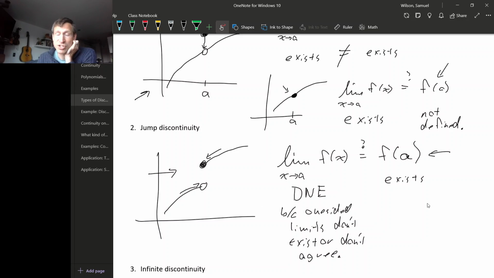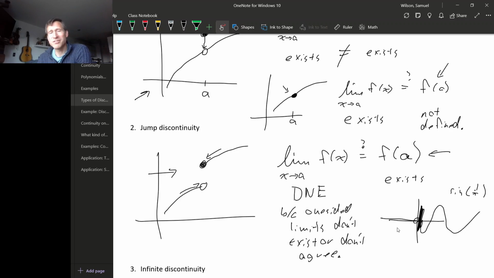Another way you could have a jump discontinuity is if, say, it was like this funny sine 1 over x kind of function, where it goes up and down like this forever. Right? Maybe it's like that to the right, and to the left it's like this. So here, the one-sided limit from the right doesn't even exist, and so this also counts as a jump discontinuity.